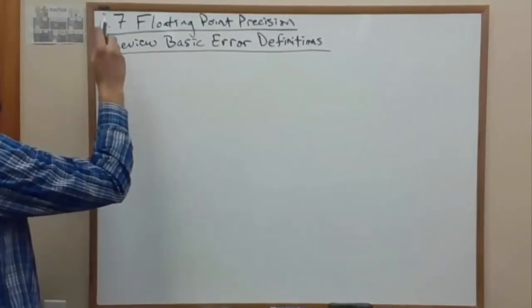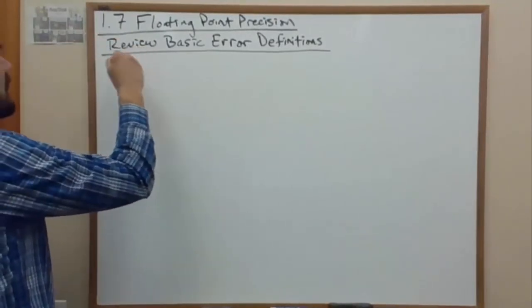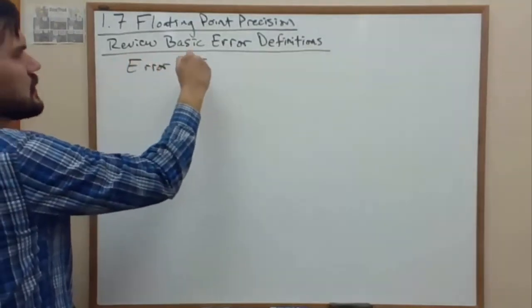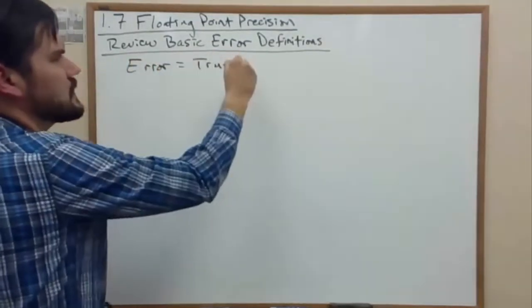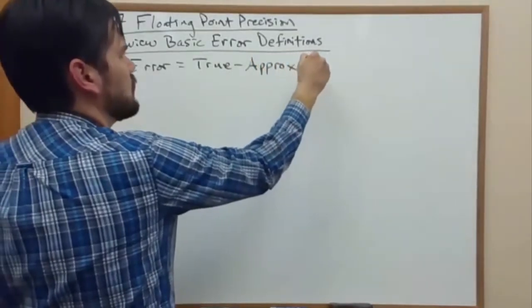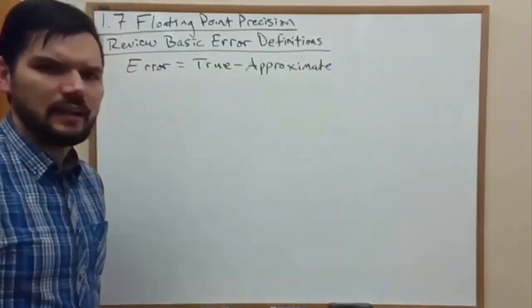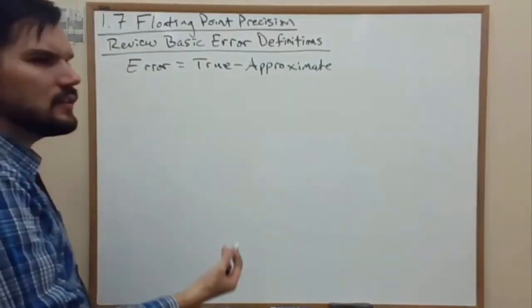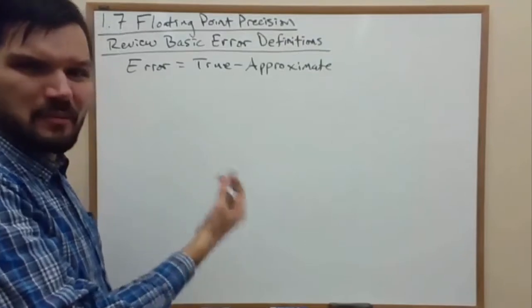The first is that error equals true minus approximate. And we'll often use a capital E or perhaps an epsilon to represent error.